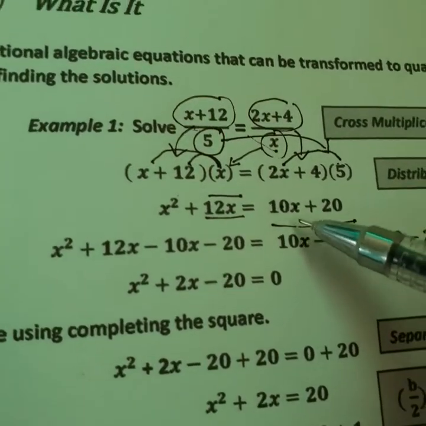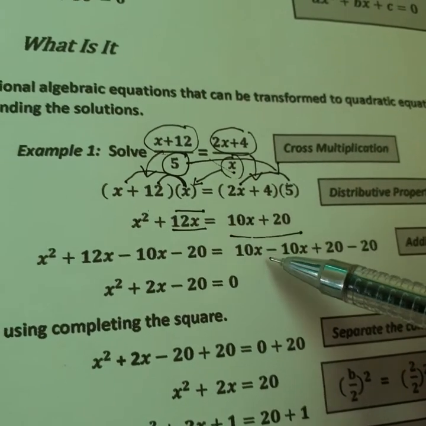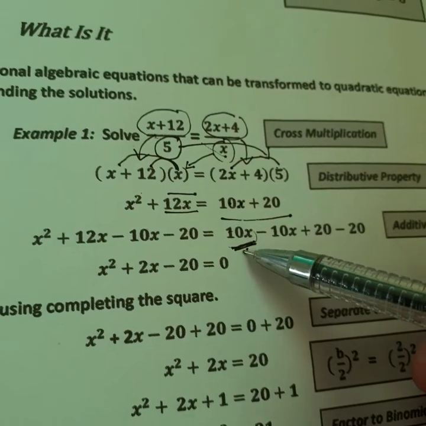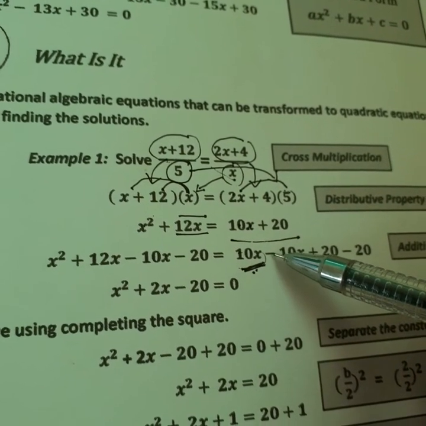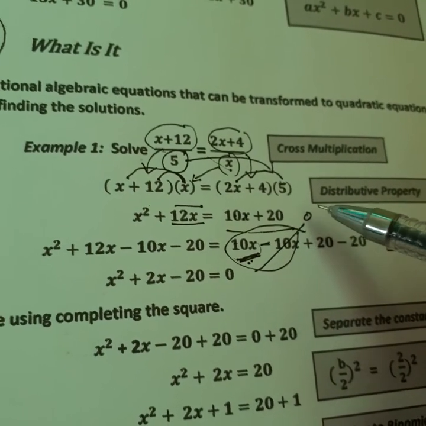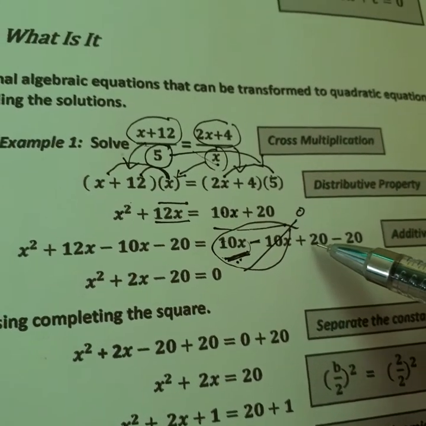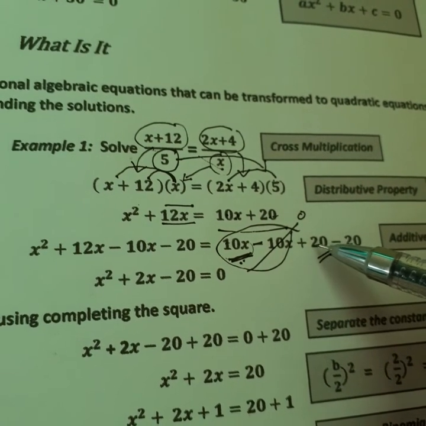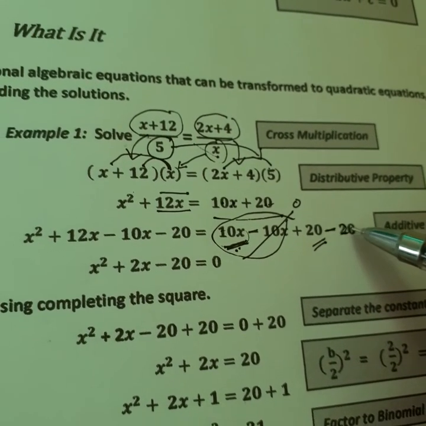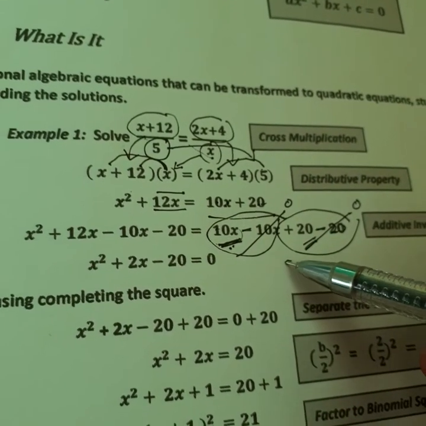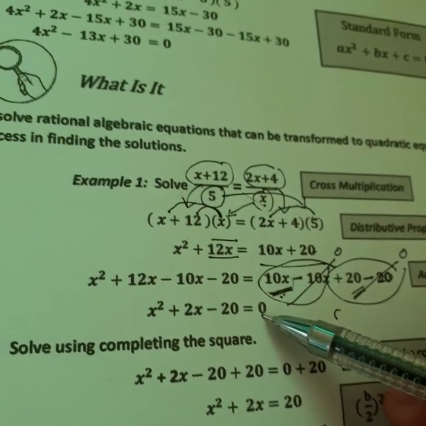Since we have 10x, it comes first. There is positive 10x, so we put minus 10x so that it becomes 0. Next, 20. So to make positive 20 into 0, minus 20. So, we have 0. So, that term is now 0. Okay, next.